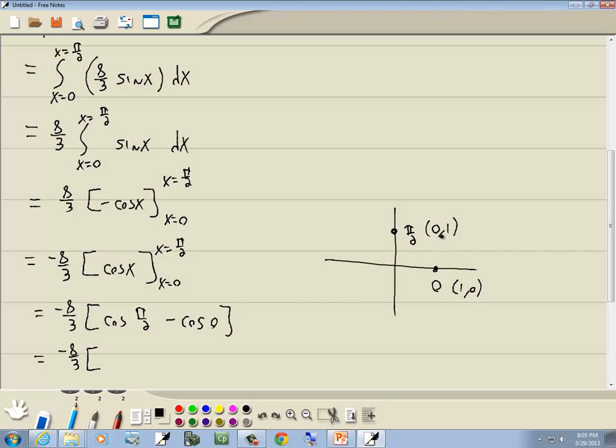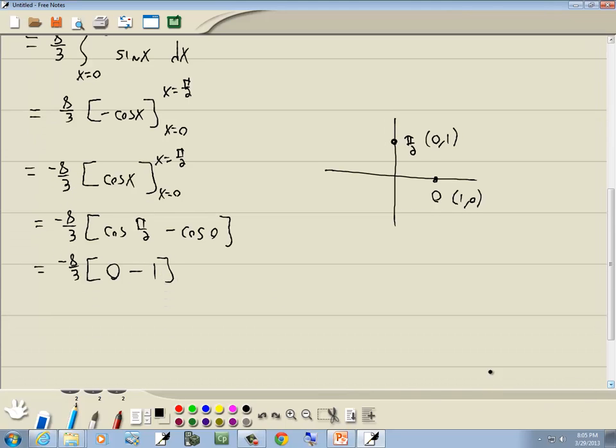So cosine pi over 2, our x part is 0. So this would be 0 minus cosine of 0, and again, cosine is the x part, which is 1. So that's 1. And 0 drops away, and negative 8/3 times negative 1 gives us a positive 8/3. And that's our answer.